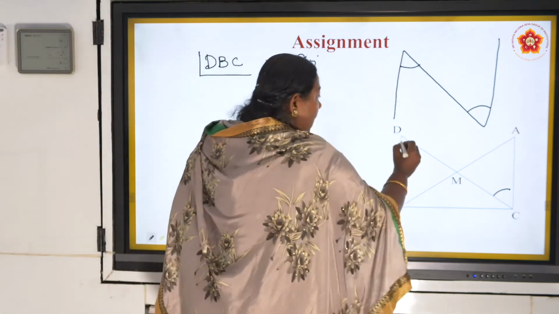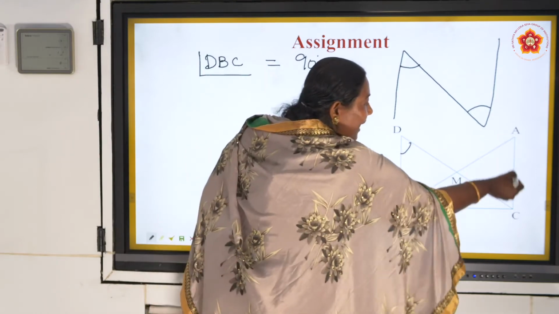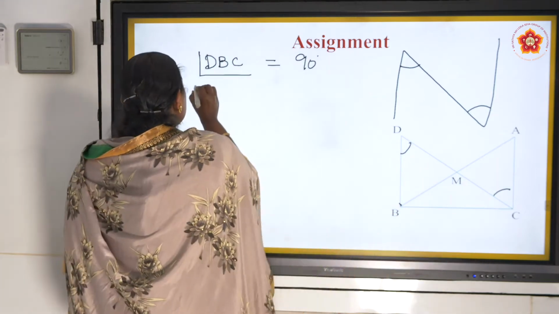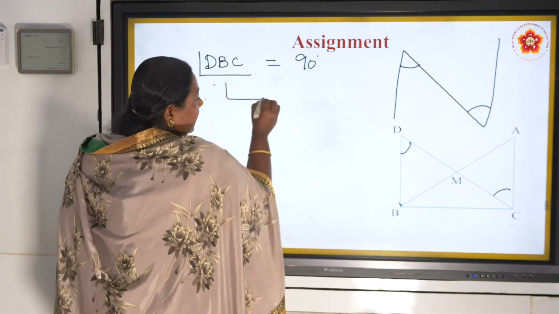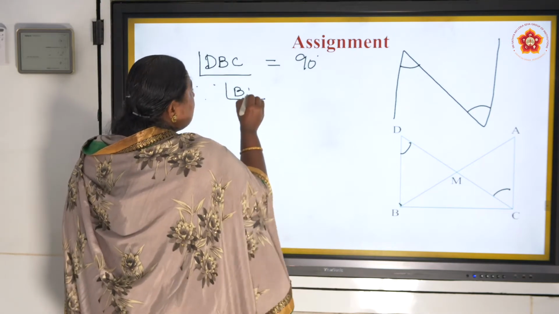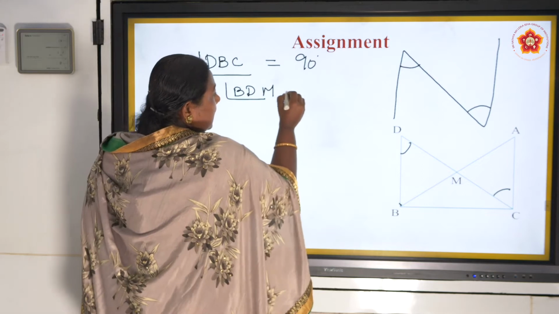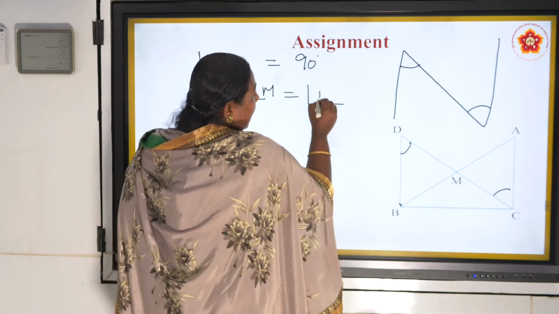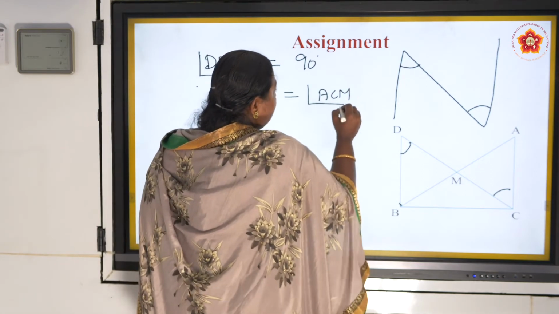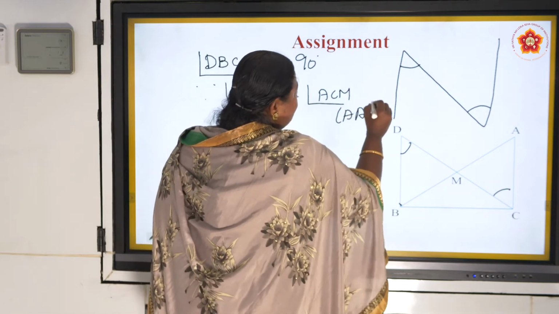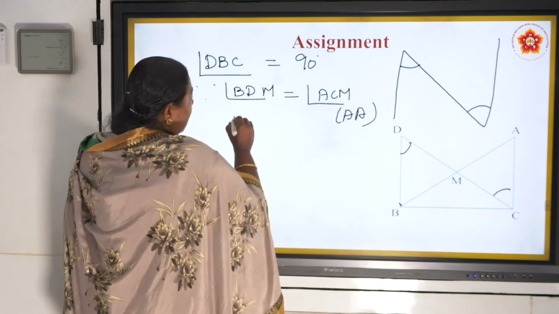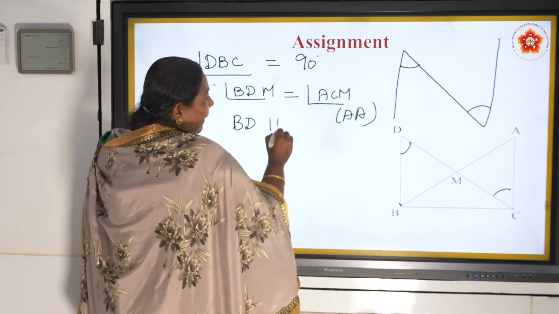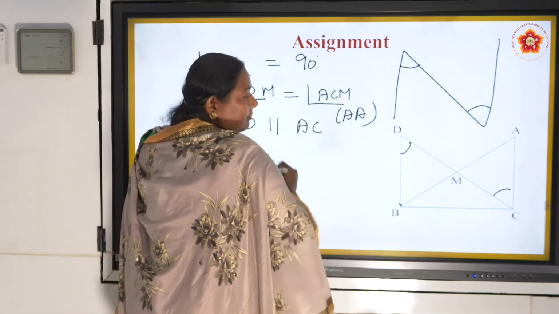So, DB is parallel to AC, since angle BDM is equal to angle ACM. By the alternate angle theorem, we can tell that BD is parallel to AC.